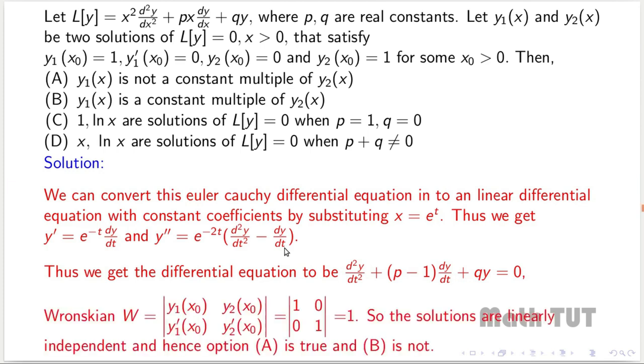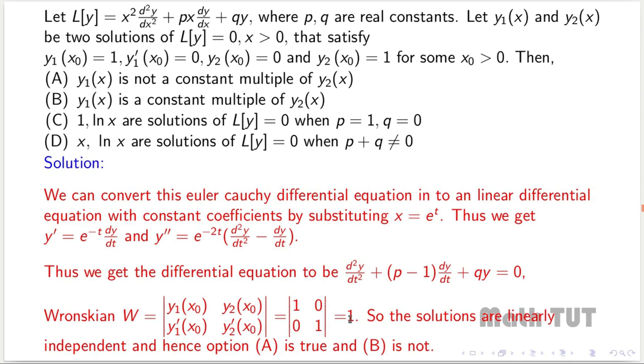So if you go with the wronskian property, as I told in the beginning, if you find the wronskian for these 2 solutions at the point x0, you get the value to be 1. The determinant of 1 into 1 minus 0 into 0 is 1.